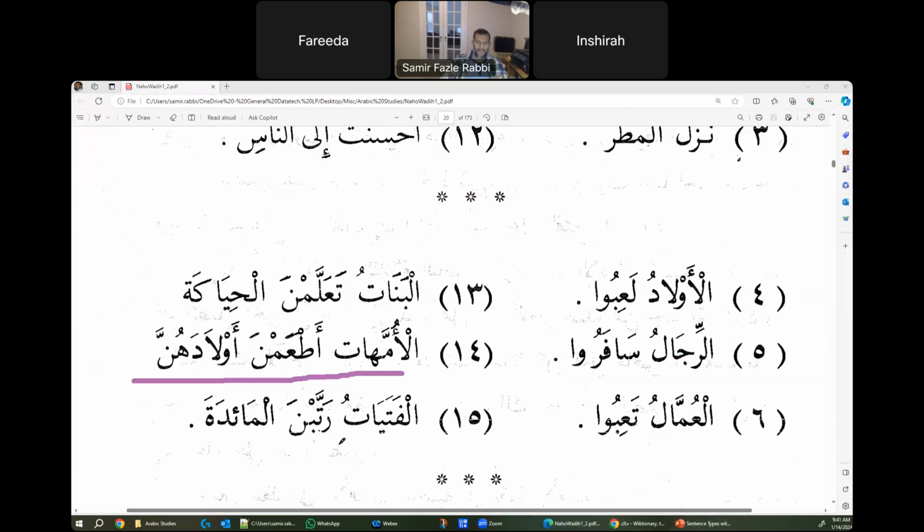Al-fatiyat rattabna al-ma'ida, the girls, they organized the spread, like the meal spread. All right, so here, what do you think these are built upon?